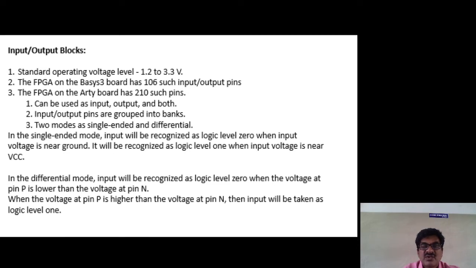Whereas in the differential mode, the input will be recognized as logical level 0 when the voltage at pin P is lower than the voltage at pin N. P represents the positive, N represents the negative. Otherwise, it is considered as a logical high. That is, if the voltage level at pin P is greater than the voltage level at pin N, that is considered as logical high.